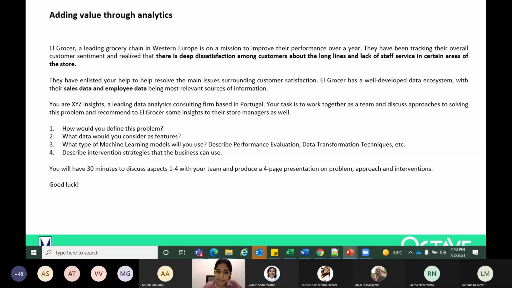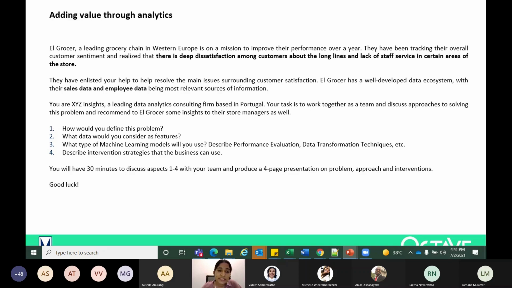Now, there are 3 aspects we'd like you to focus on when you're providing the solution. The first aspect is how you would define this problem. Like I mentioned, there are 2 problems that the business has communicated to you, and you have to define this overall problem. And then what data would you consider as a feature? Okay, what sort of data sources would you consider as features?